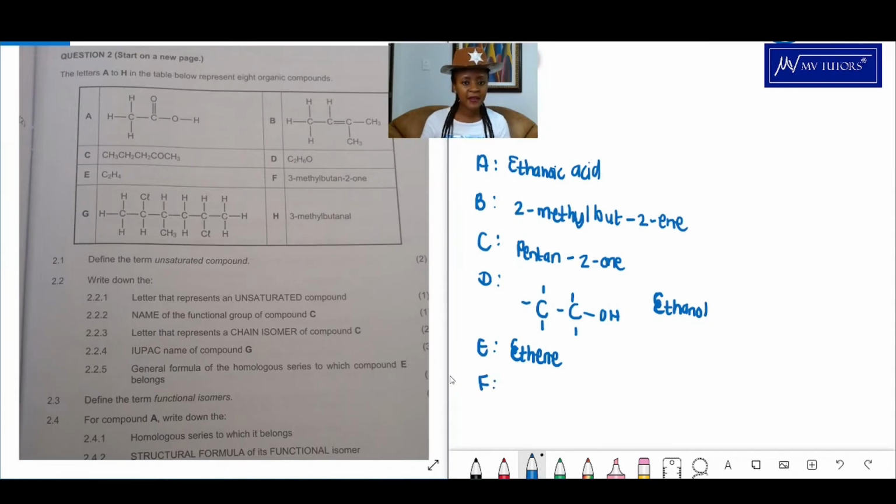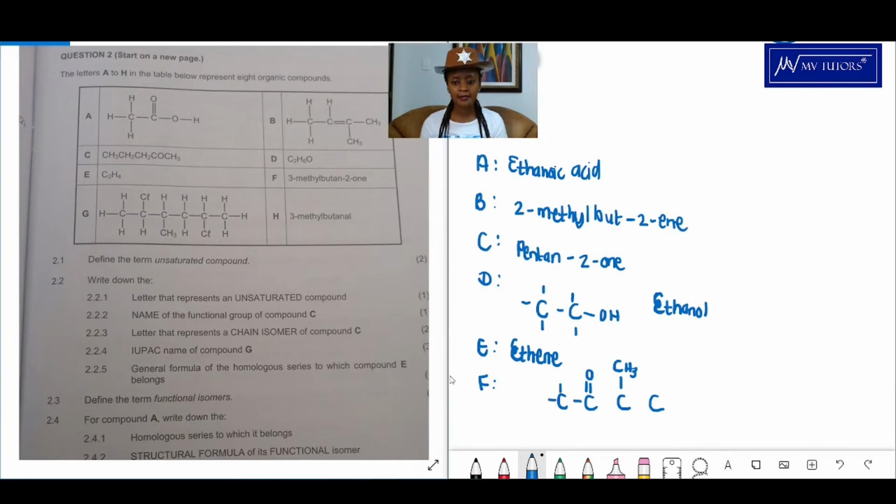All right, there we have 3 methyl butane 2 one. Okay, so we have 4 carbons, 1, 2, 3, 4, and on the third carbon we have a methyl group. Just gonna say CH3, and then on the second carbon, that's where you have your double bond to oxygen.